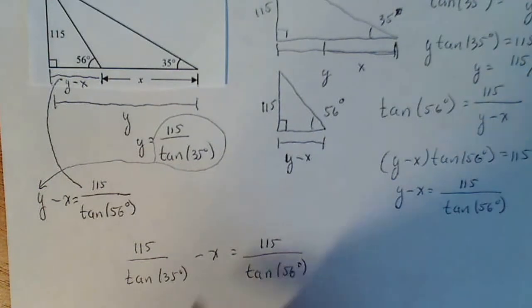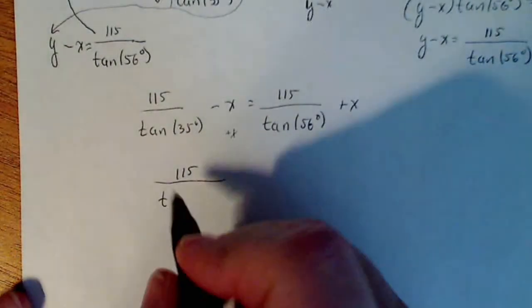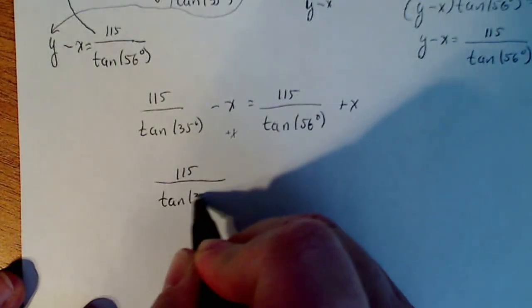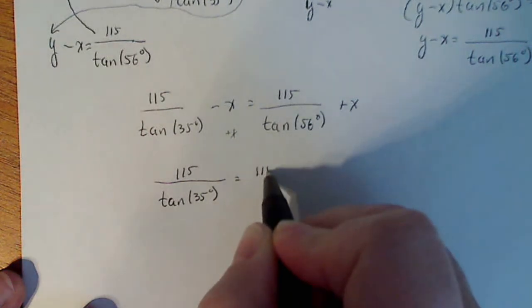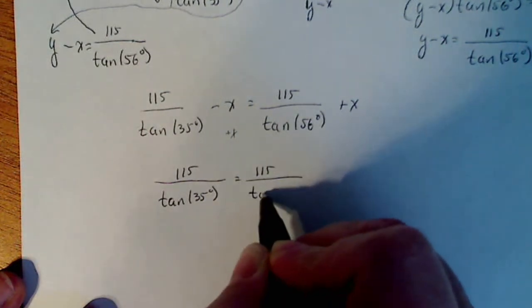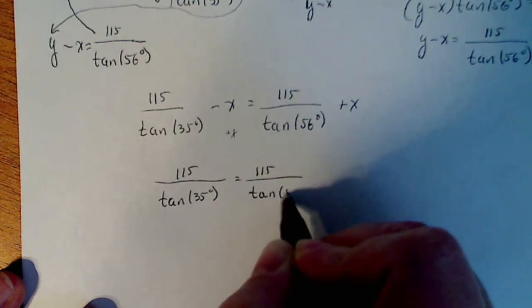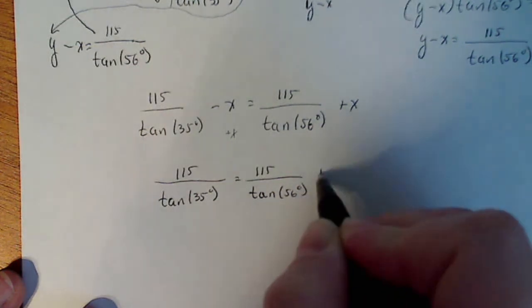To solve for x, I'm going to add x to both sides. So I have 115 divided by tangent of 35 degrees is equal to 115 divided by tangent of 56 degrees plus x.